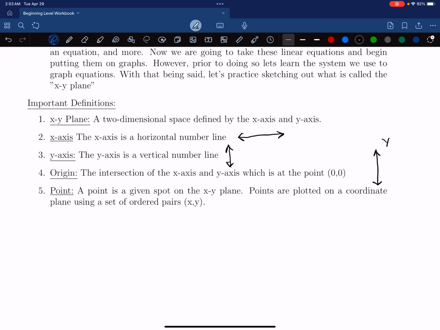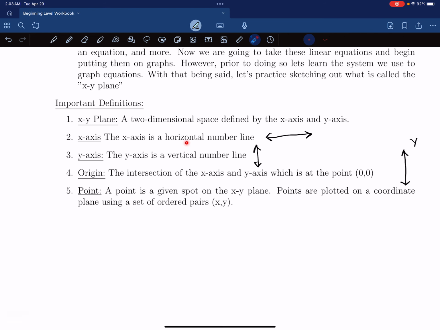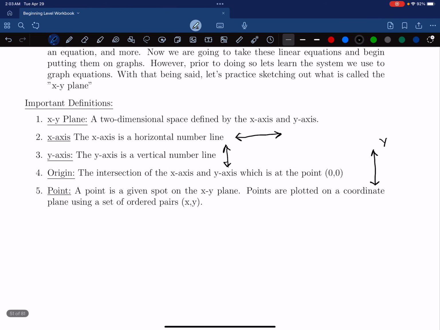So we're going to say that's y. And then our x-axis, remember, that is your horizontal number line. So I'm going to draw it out like this. So we have y and x. Now here, this is where the lines intersect. So this is where our origin is.